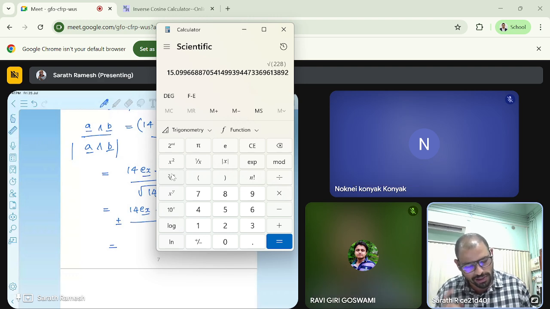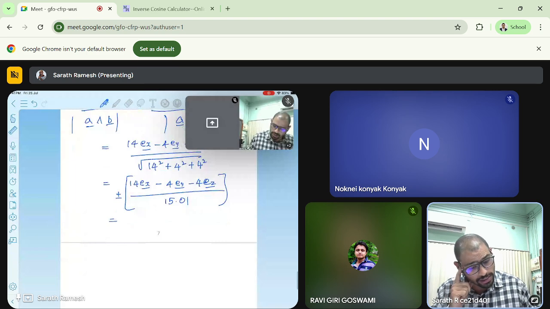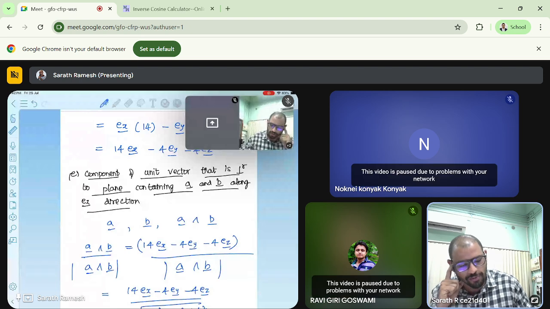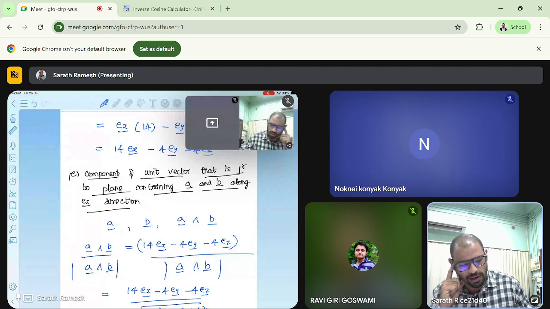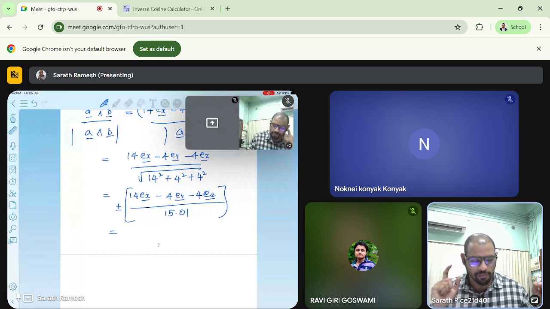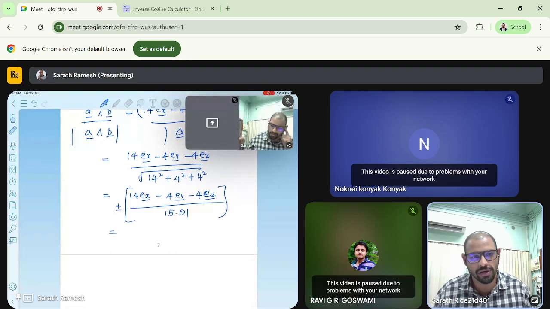So here the question is, what is the component of the unit vector perpendicular to the plane containing A and B, along the Ex direction. Along Ex direction, my component is 14 divided by 15.01. Along Ey direction, my component is 4 divided by 15.01. We don't write the sign here because we have plus or minus, so there are two options possible.